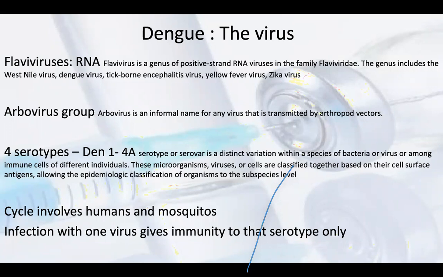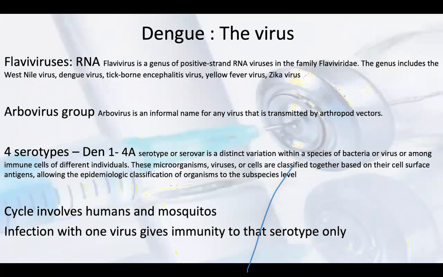Now, what is a serotype? A serotype or serovar is a distinct variation within a species of bacteria, viruses, or among immune cells of different individuals. These microorganisms, viruses, or cells are classified together based on their cell surface antigens, allowing the epidemiologic classification of organisms to the subspecies level. So dengue viruses have 4 serotypes.